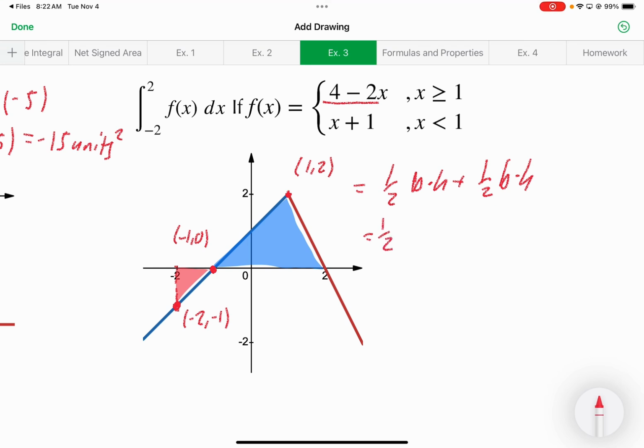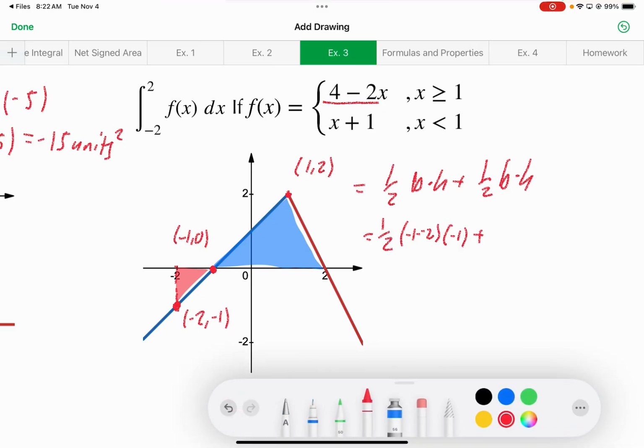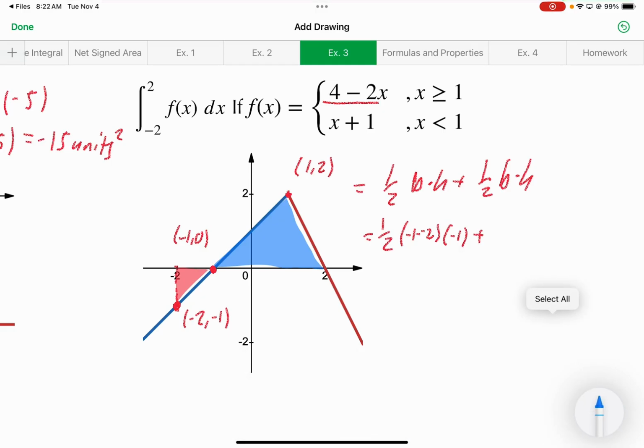So area of my red part, my base is going to be -1 minus -2, and then my height is going to be -1, plus area of my positive triangle, 1/2. That base is going to be 2 minus -1 and a height of 2.